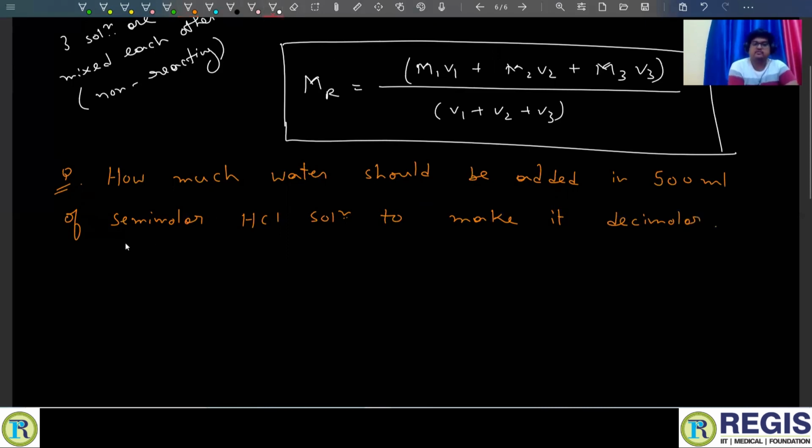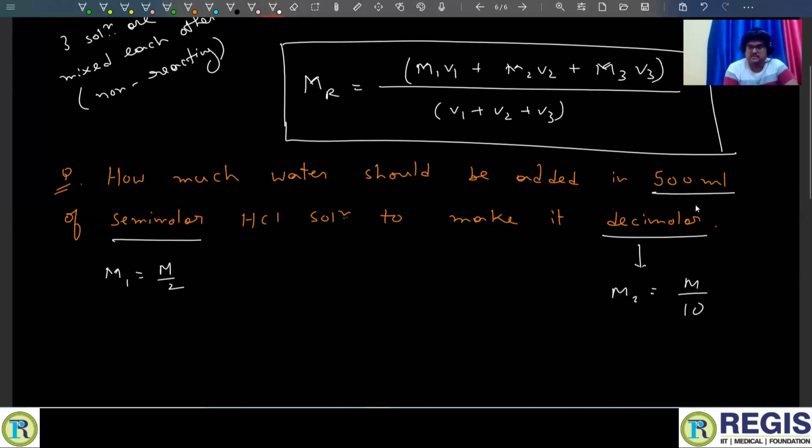Now basically, how can you solve? M1 value which is given is M by 2, decimolar means M2 value is M by 10, and V1 is 500. So can I write M1 V1 equals M2 V2?